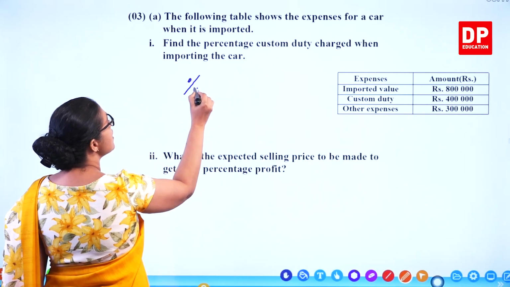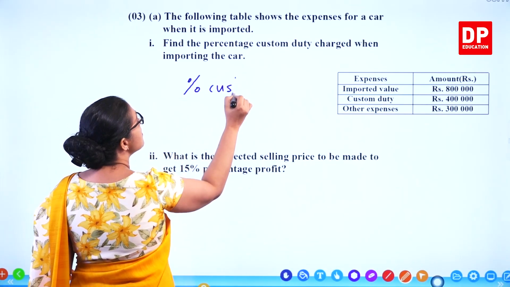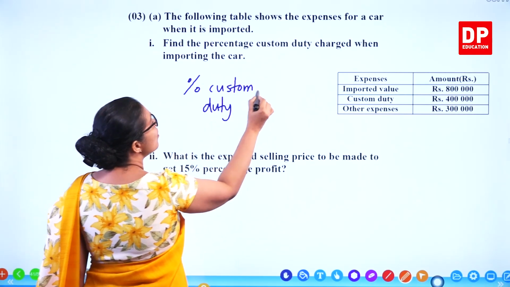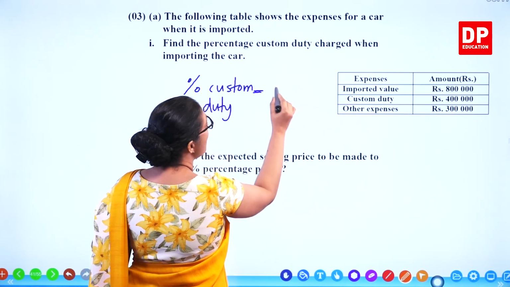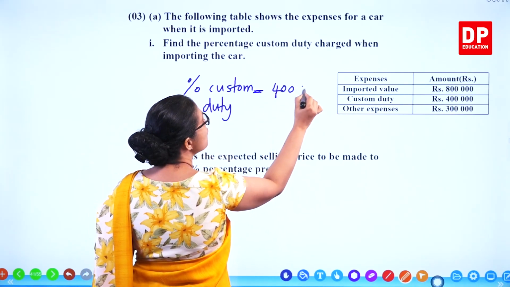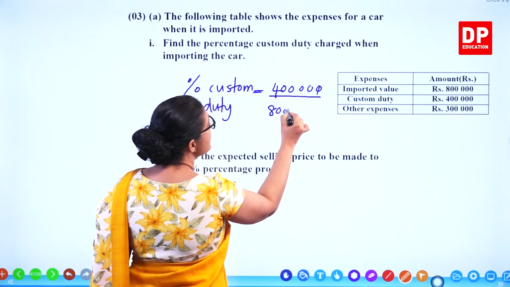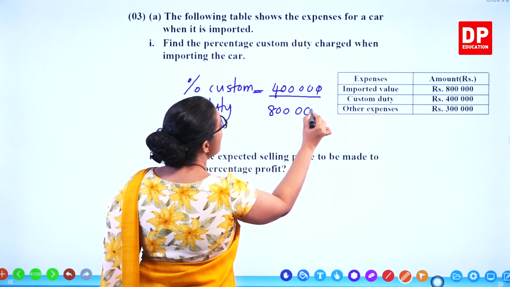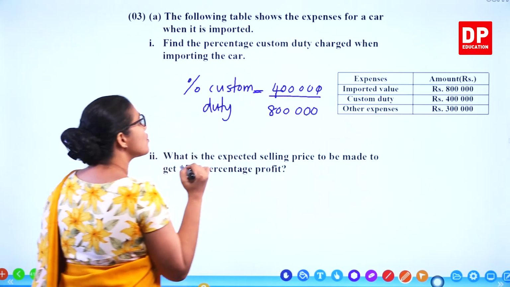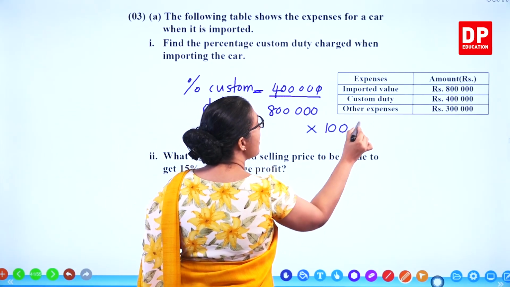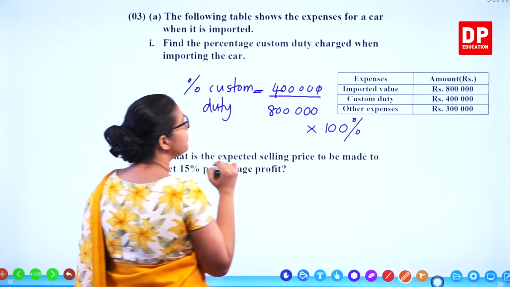The custom duty value is 400,000. You have to pay for 800,000 rupees because the imported value is 800,000 rupees, and then you have to multiply by 100.